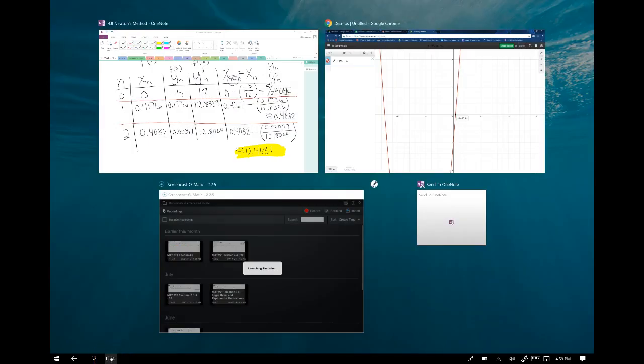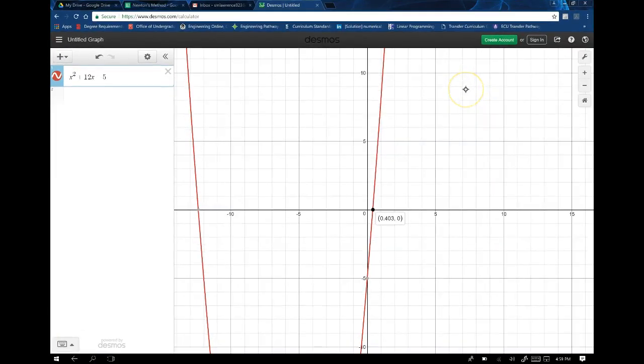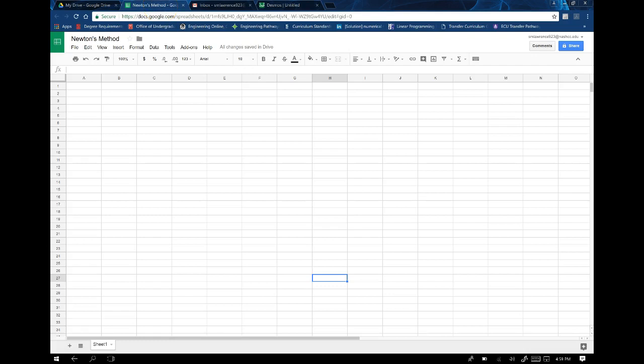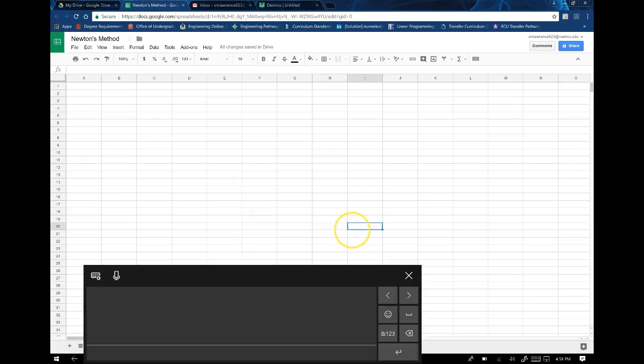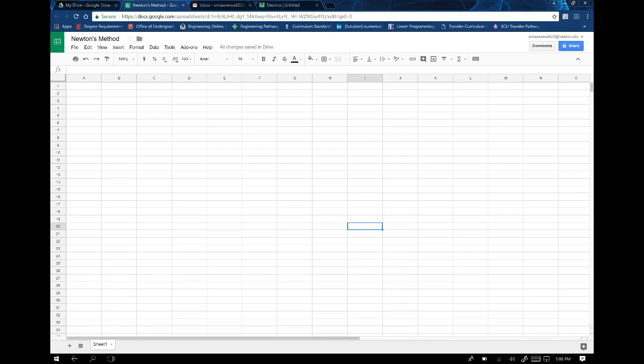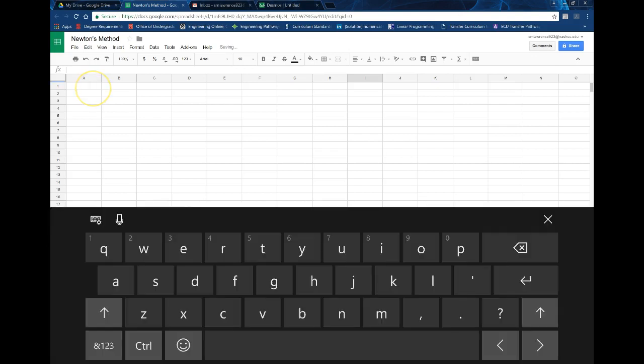So I'm going to go now to Google Sheets, and I have a different example that we're going to look at. And what you are going to do is you are going to do one of these on your own for a project. So this is going to be a Newton's method example.